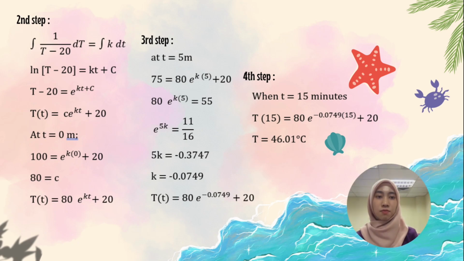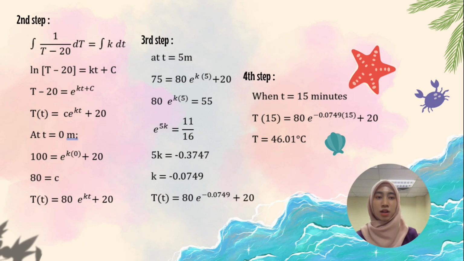Then we get 5k equals negative 0.3747. To get the k value, we divide by 5, and k equals negative 0.0749. And then we get T(t) equals 80e to the power of negative 0.0749t plus 20.